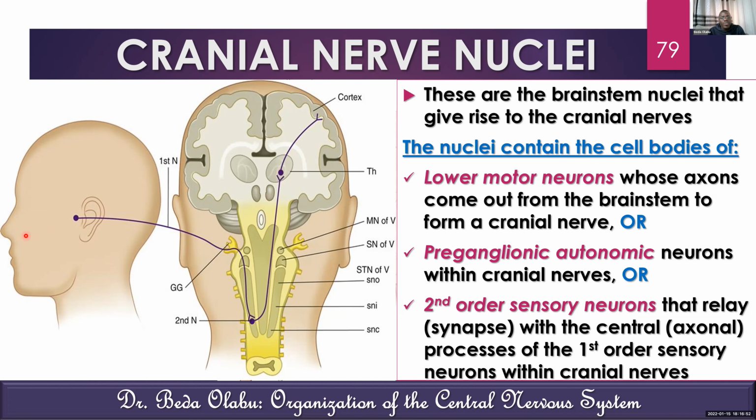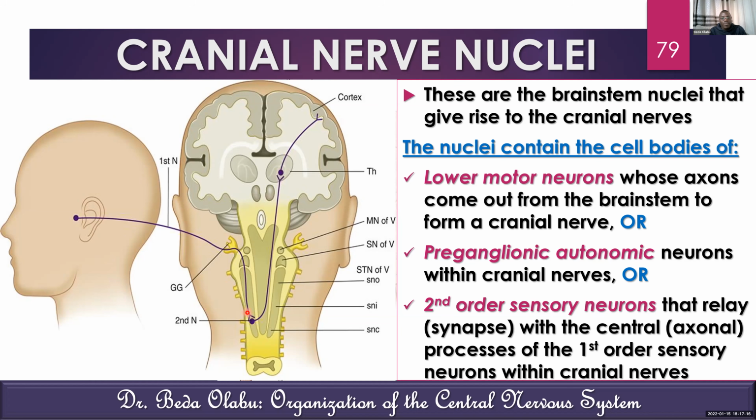The peripheral process usually comes from the receptor going in as part of the nerve, then the cell body will be somewhere, forming a sensory ganglion. Then the central process enters. That central process of the first order sensory neuron enters the central nervous system and synapses with the second order sensory neuron.